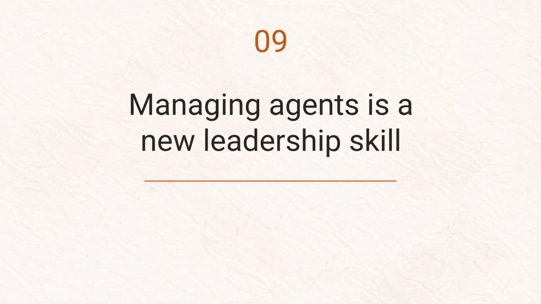Number 9, managing agents is a new skill. There's a Venn diagram. Some of it is the same as managing humans and some of it is different. But at the end of the day, it's about making sure that you prepare and serve up the right context. It's about being very clear about what your goals and objectives are, what you want it to accomplish. And then it's about providing feedback as you go. It's setting the bar for quality and saying, no, that's not good enough for this specific reason, let's get better.